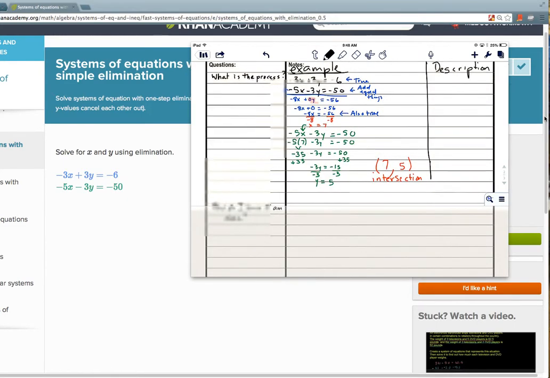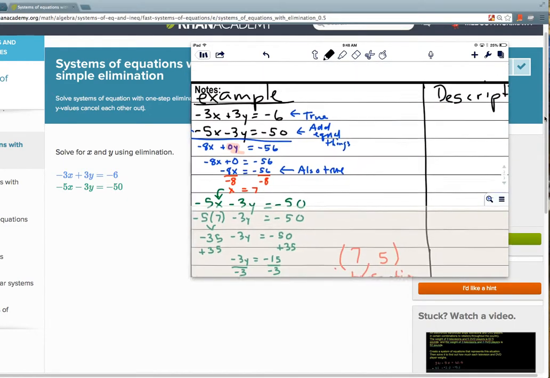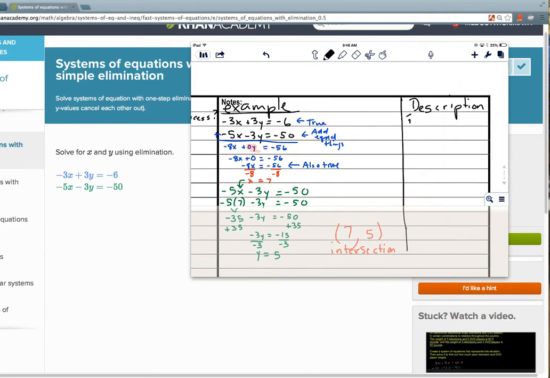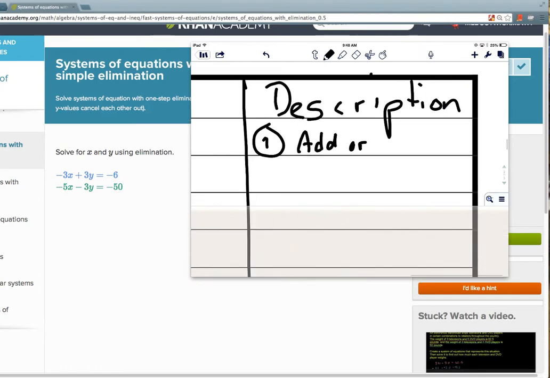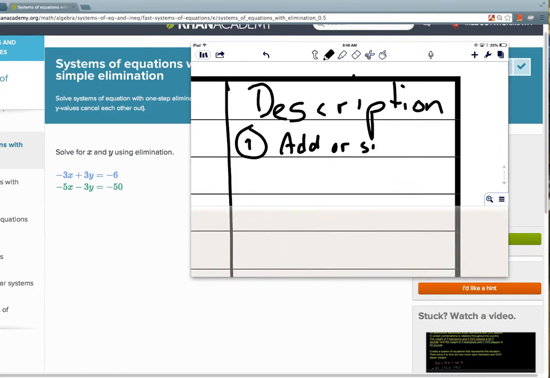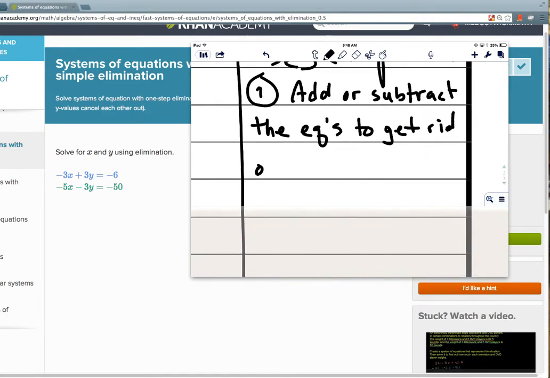And so in my description column over here, hopefully you left room, the first thing I'm going to do is add or subtract the equations to get rid of one variable.